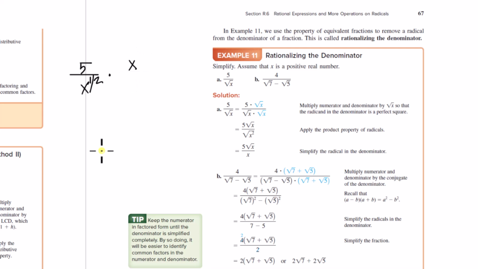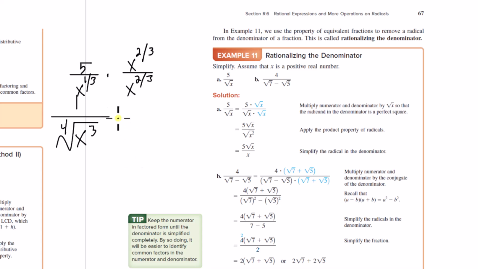So if you had the principal cube root of x, then what you need to multiply by is x to the 2/3 over x to the 2/3, because then that's going to add to 1. But you're wanting to add to the next whole number. So if you had, let's see, maybe x cubed like that, right? How would you rationalize this? Oh no, let me give another example.